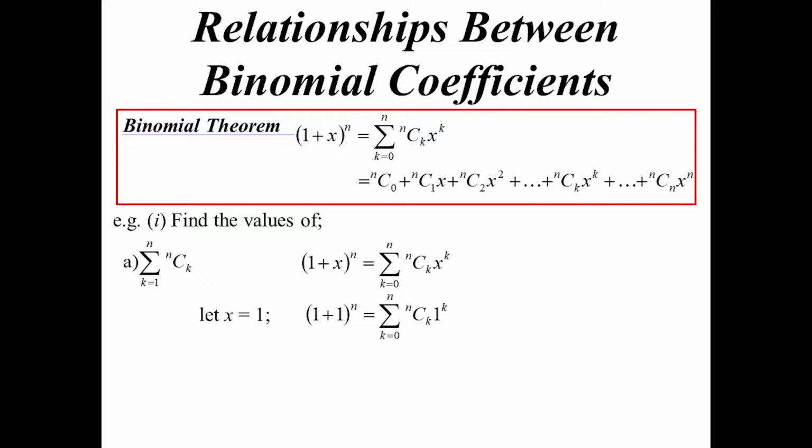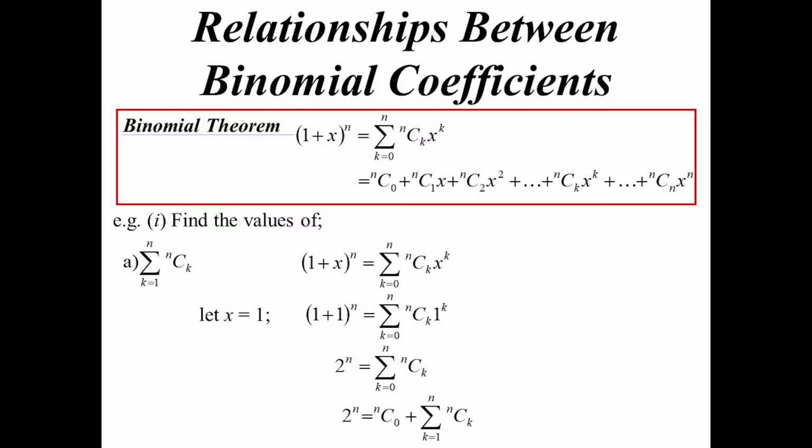So let's do that. We'll let x equal 1. So the left-hand side will become (1 plus 1) to the power of n. The right-hand side is nCk times 1 to the power of k. So we've almost got what we want. The other difference, yeah, this one's going from 0 to n. The one we want is 1 to n. So all I've got to do is subtract the term where k equals 0.